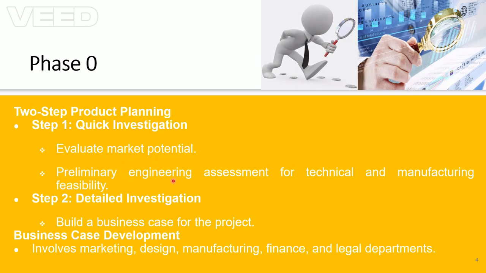Then you go for engineering assessment: the technical requirements, the manufacturing feasibility, and so on. Then you can go for the second step, a detailed investigation, where you build the business model for the project. For this you have to involve all the team members from marketing, design, manufacturing, finance, and the legal department. So you need a concurrent team.